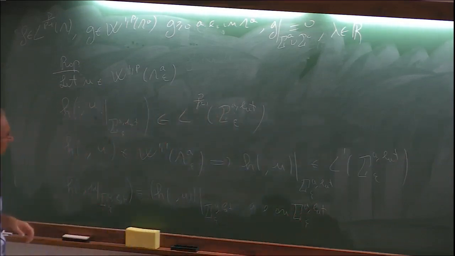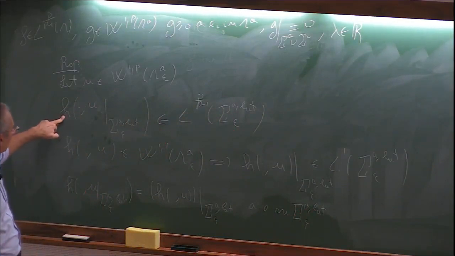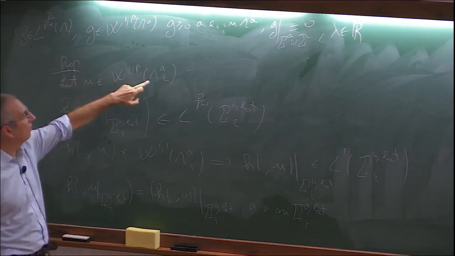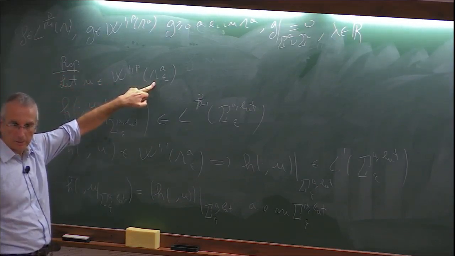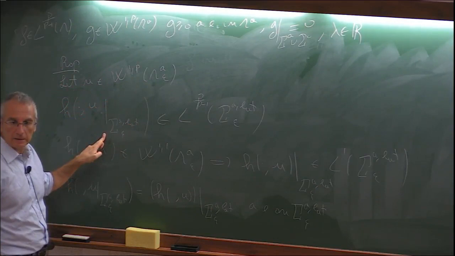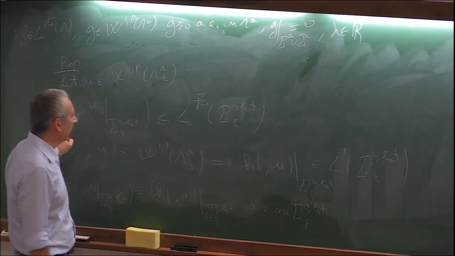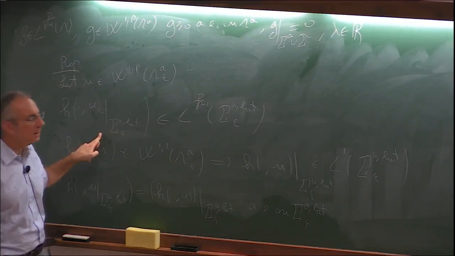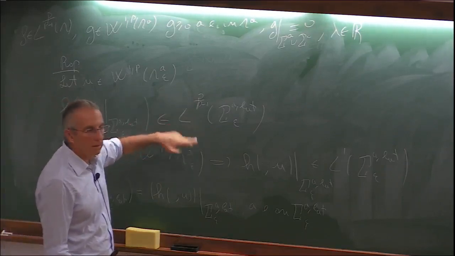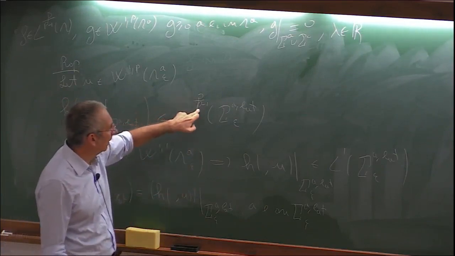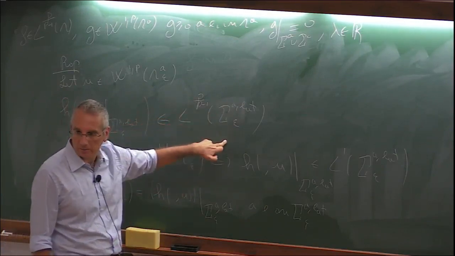Then we have this lemma. You have u in W1P omega A epsilon. Then you can consider the trace of u on the lateral boundary, and compose with the function h. One can prove that this is a function, by virtue of the assumption on h, in L p by p minus 1 sigma A lateral epsilon.